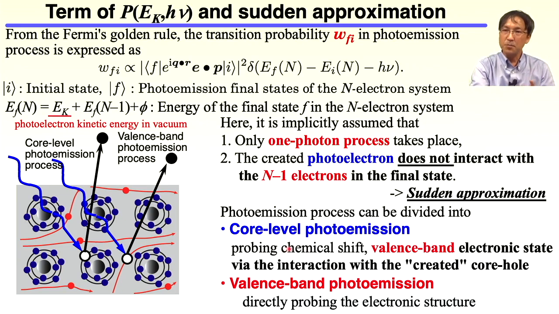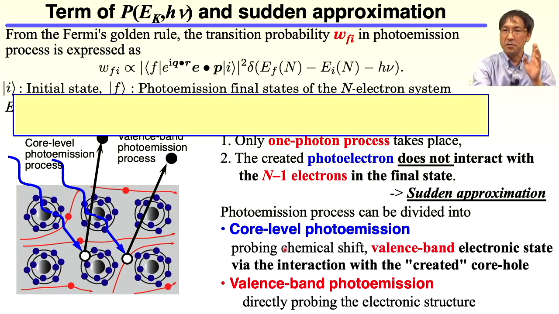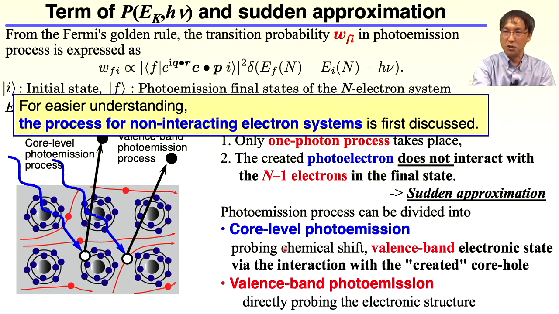The difference between the core-level and valence-band photoemission process is whether the core hole is created in the final state or not. For easy understanding, I first discuss the process for a non-interacting electron system in the photoemission process from the next slide.